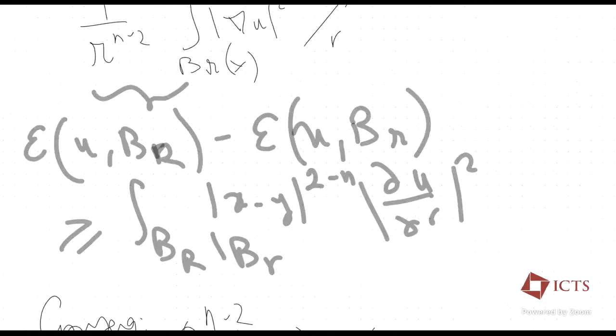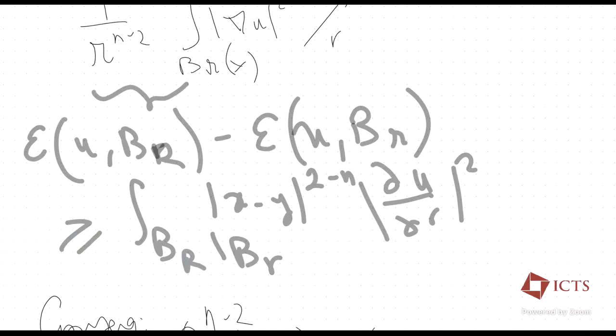The deficit, the difference in energies, is measured by a radial derivative, a special radial derivative because there is a weight, x minus y to the 2 minus n, of the map U. So when you take a sequence of radii going to 0, exactly when you look at your tangent map, and take the limit in the energy inequality, it tells you that the tangent map has to be zero homogeneous.